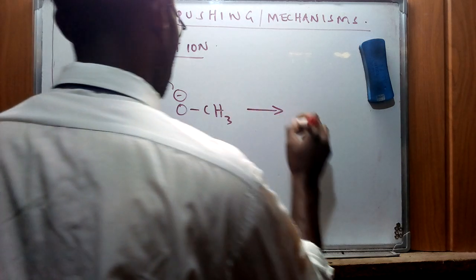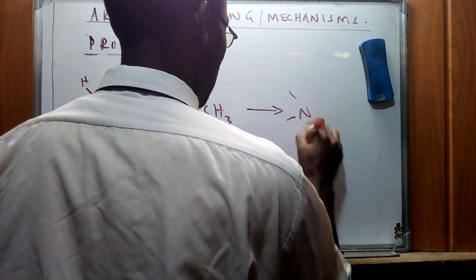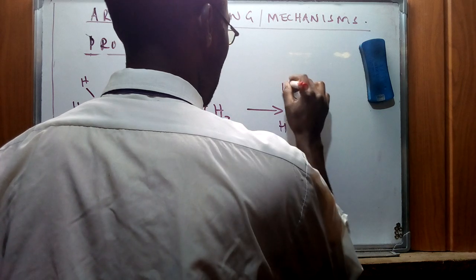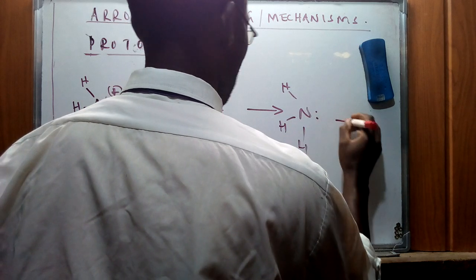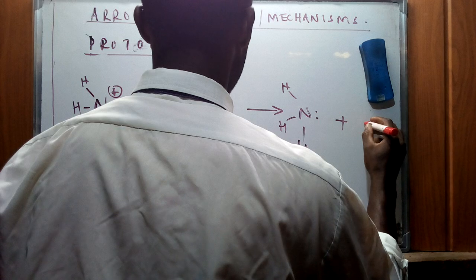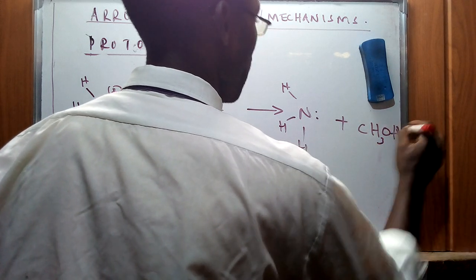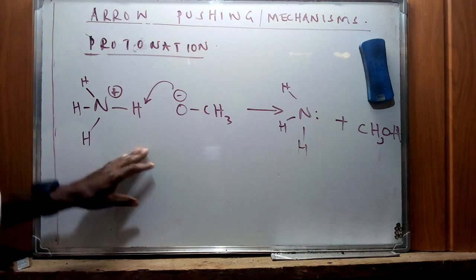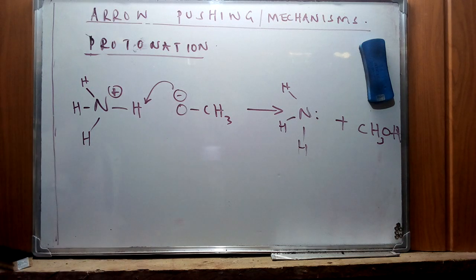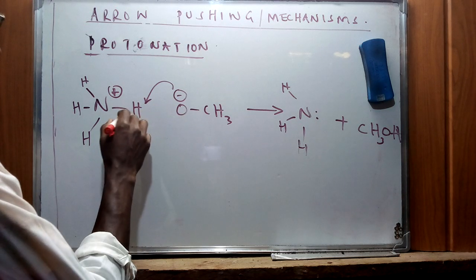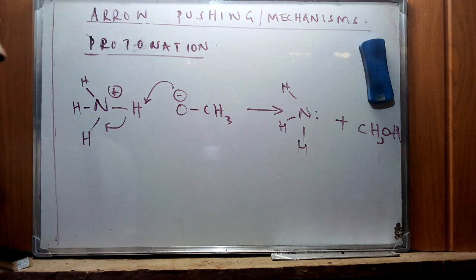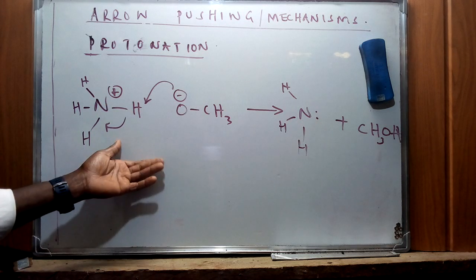This is going to lead to the formation of this product, whereby we are going to have those lone pairs of electrons and the CH3OH illustrated as such. This is a reverse reaction, basically a deprotonation reaction, and we can show these mechanistic arrows using those curled arrows as such.